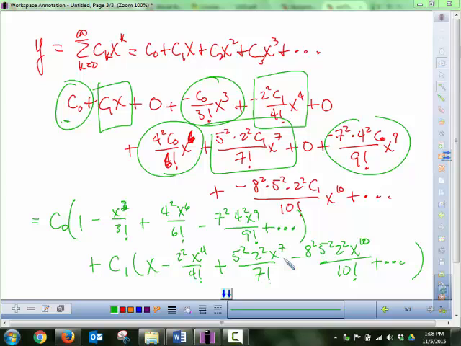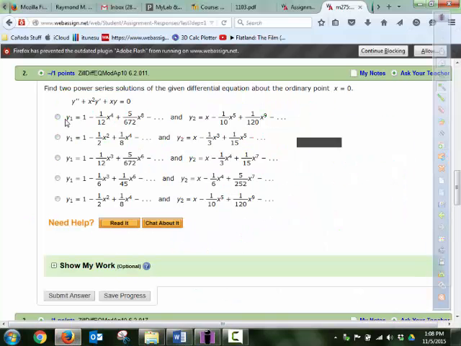So they're going up by 3, and they match the factorials in the denominator. 3 factorial is 6. 6 factorial is 120 times 6, which is 720. 4 factorial is 24. 7 factorial is 720 times 7. All right, let's take a guess. Let's select our answer.